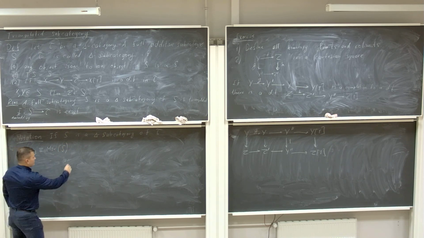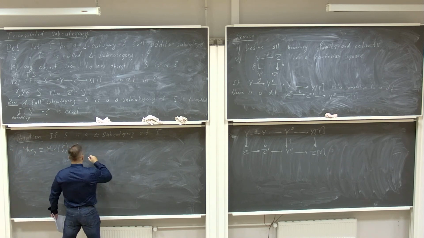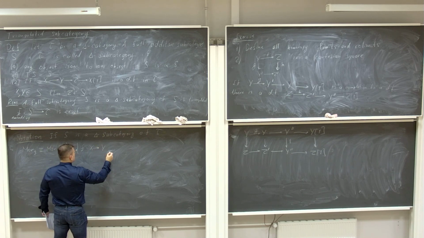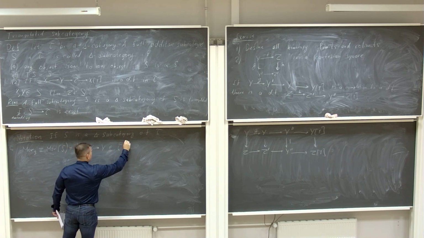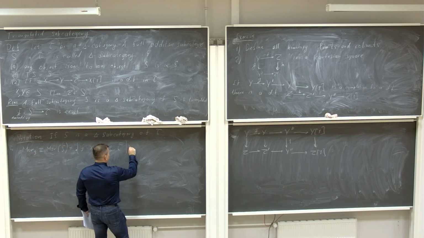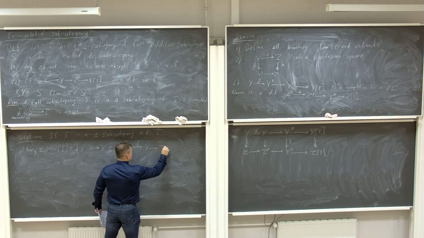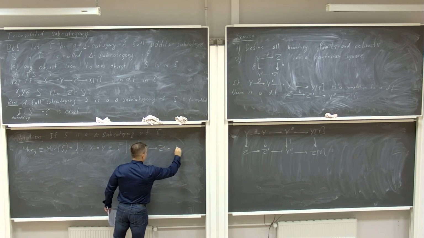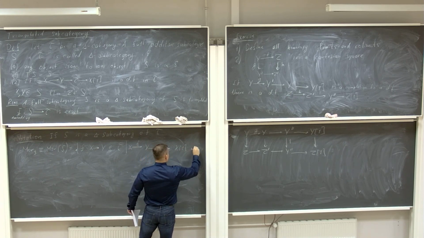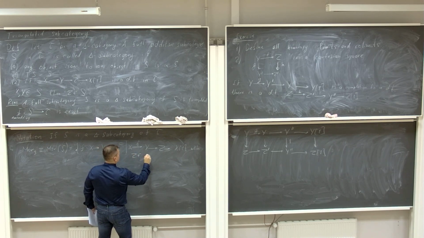And this is by definition all the morphisms in the category T, so all the F, X to Y, just an arrow in T, such that if I take this map and complete it to a distinguished triangle, I have the property that the object Z is in the subcategory S.